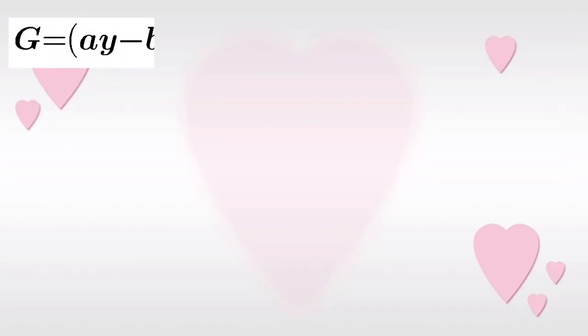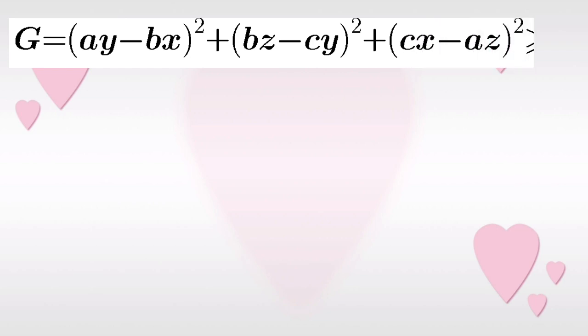Okay, in the previous steps we have seen that (ay − bx)² + (bz − cy)² + (cx − az)² ≥ 0. In that greater than or equal to, we have equality also. The equality holds if and only if all the brackets are equal to 0.